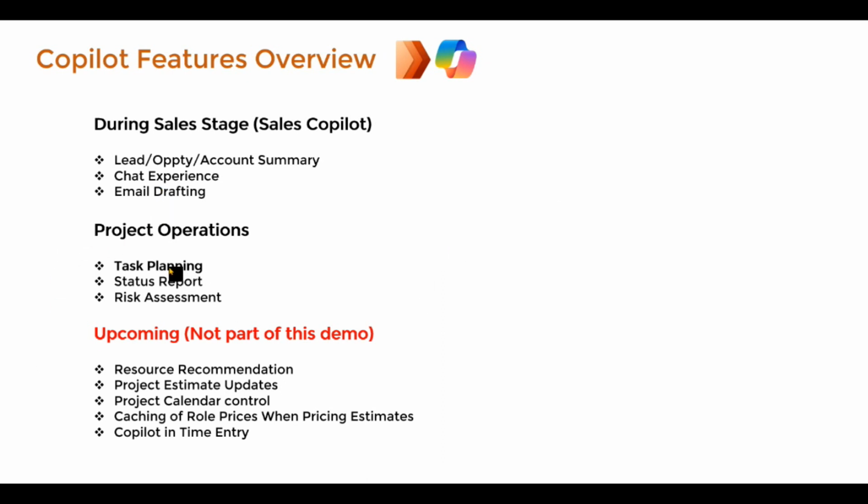In Project Operations, as of now, we will look into task planning, status report, and risk assessment. These are the three core Copilot features currently available in Dynamics 365 PO.